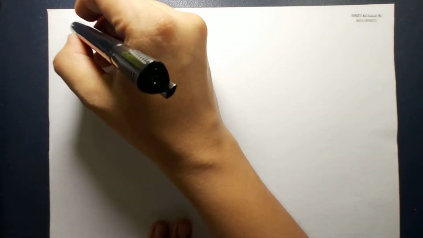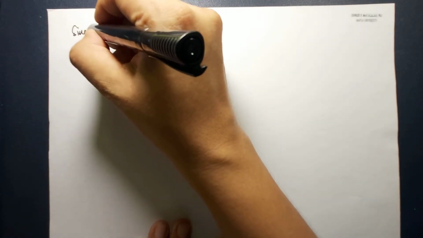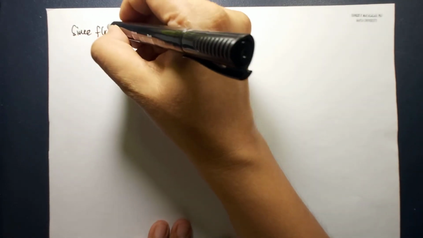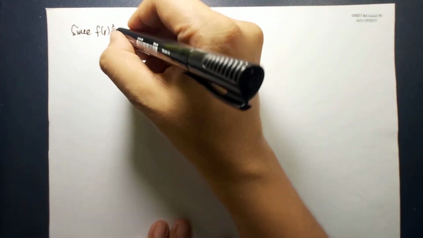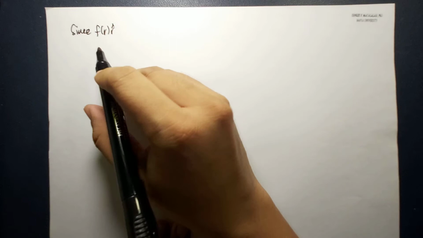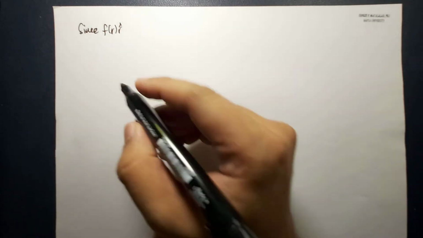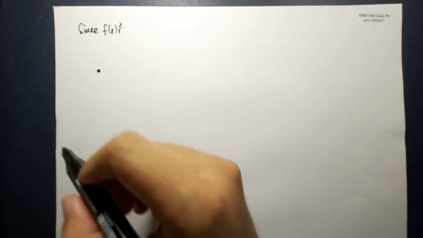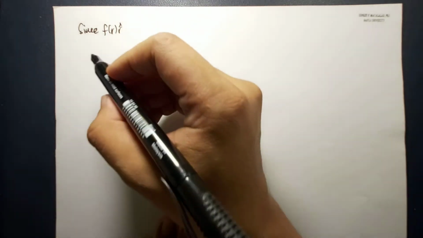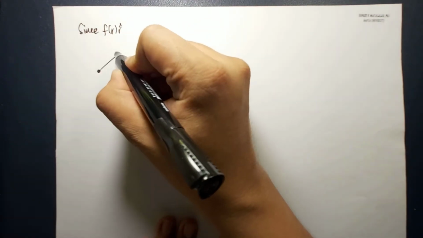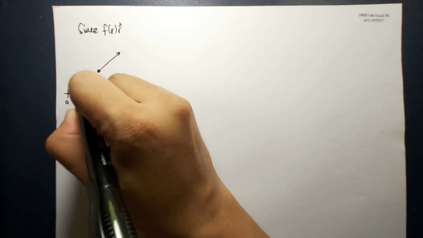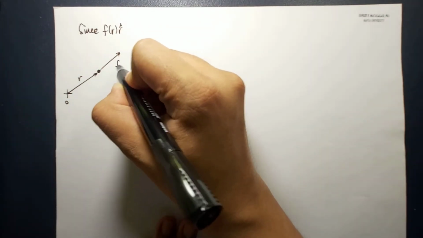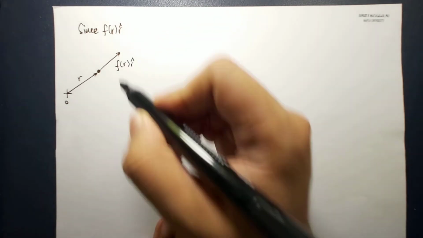since F is a central force, that means if, for example, you have our particle here, say this is the origin, this is R, and this is your central force.